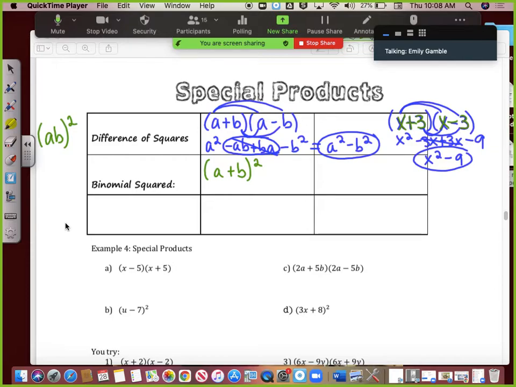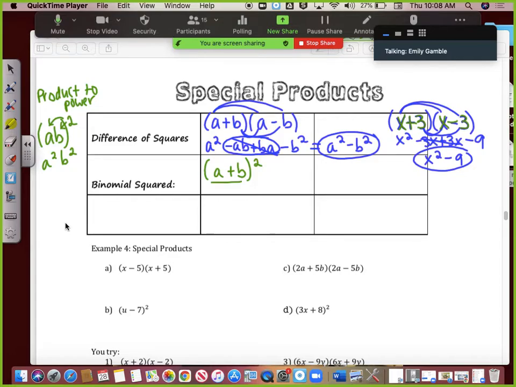It was called the product to power rule, and it says you can distribute the exponent to everything on the inside to be a squared times b squared.